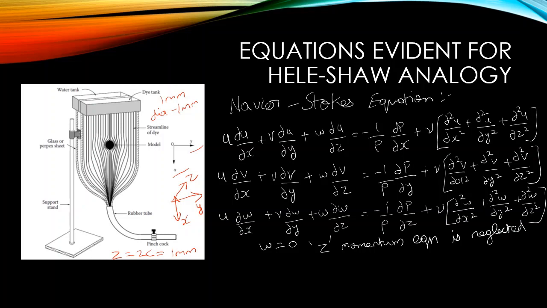So simply I am striking out the z momentum equation, and the second condition is w is 0, no? So since w is 0, these terms are going to cancel out, right? And then the flow which is happening inside the Hele-Shaw apparatus, in between the rectangular slits, is fully due to viscous force, not inertia force.